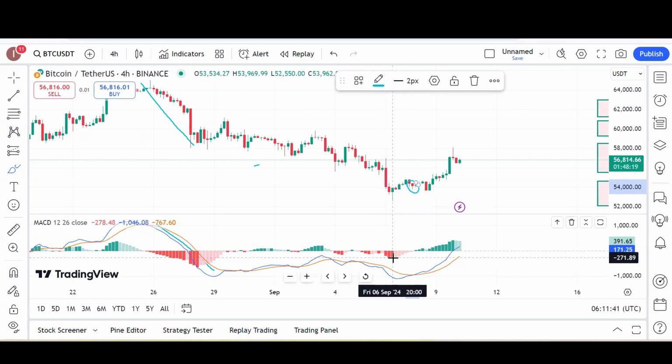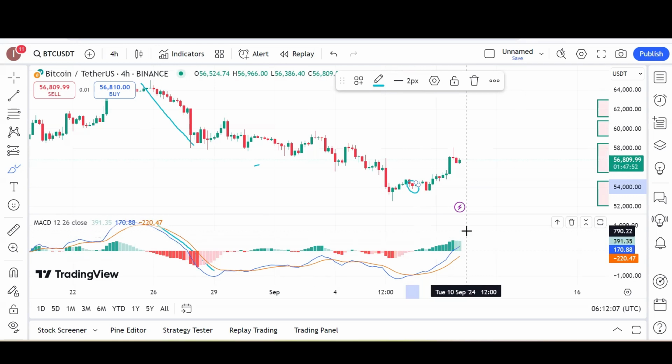The dark red changes into light red, and now it changes into dark green. The dark green color shows high buying volume. Now our MACD line crosses the signal line, the blue line crosses the orange line, and we get the buy signal. As you can see, the market is constantly improving the buying pressure.